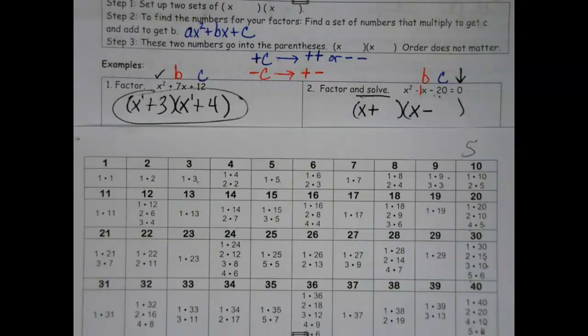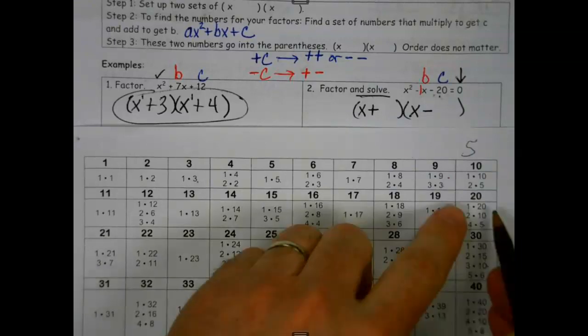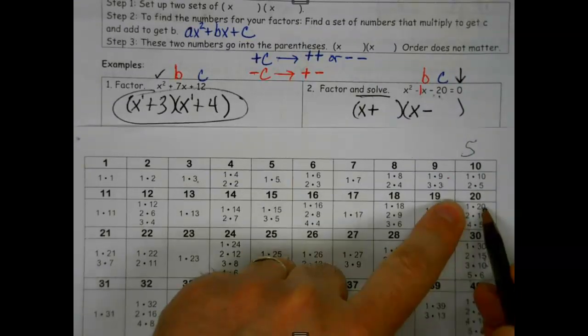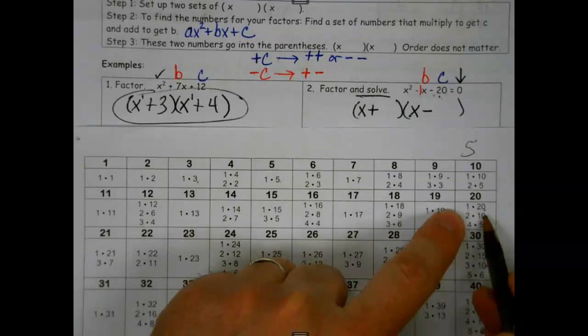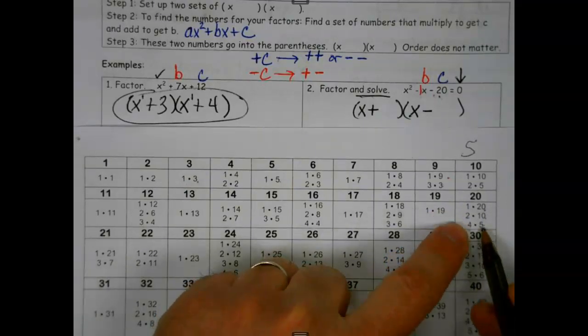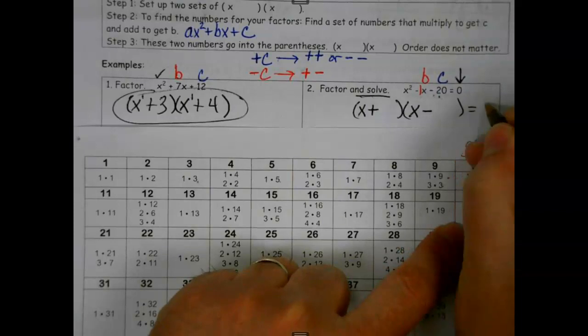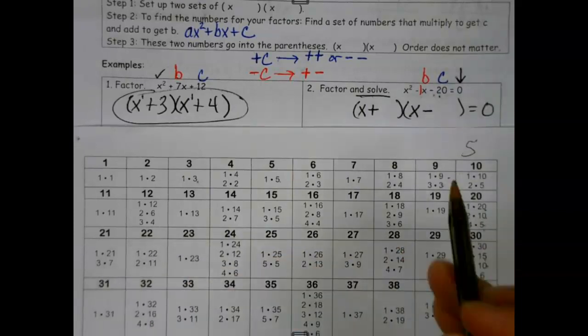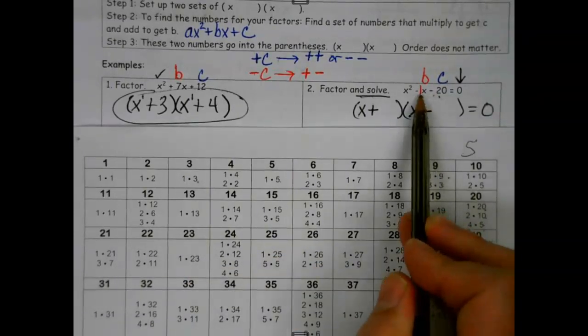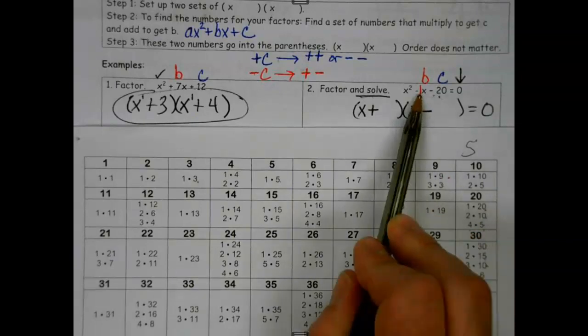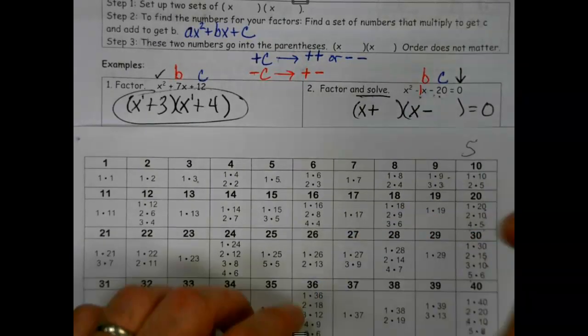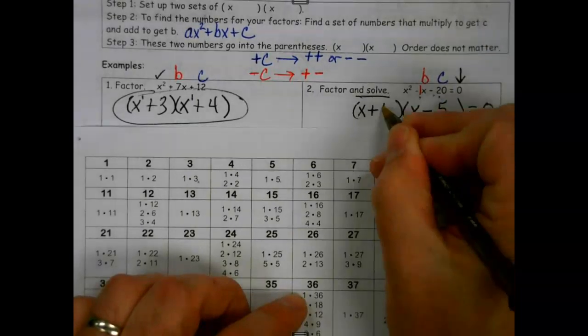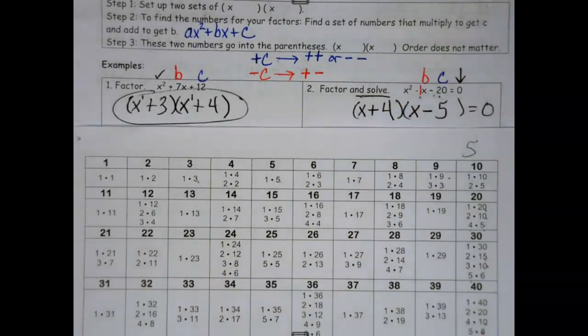Find the two numbers that are 1 apart from each other. 1 and 20, not one apart from each other. 2 and 10, not one apart from each other. 4 and 5 are. So now here's the deal. Since my b is -1, the bigger of the two numbers has to be negative. So we're going to do -5 and +4. So let's go back and double check and make sure we're right.